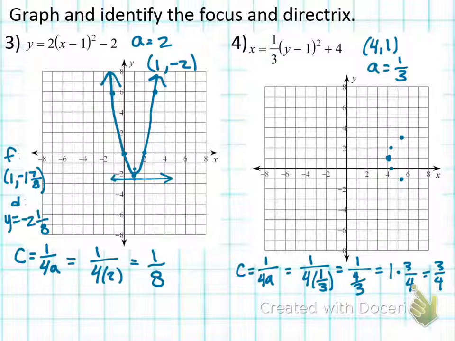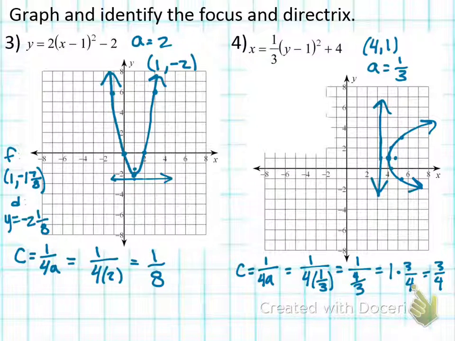If I go up or down 2, I go to the right 4/3. I connect these for my parabola. Then I go c units inside from the vertex. So about this point here is 3/4 of a unit inside the parabola. And then I go 3/4 in the other direction. That's about here for my directrix.